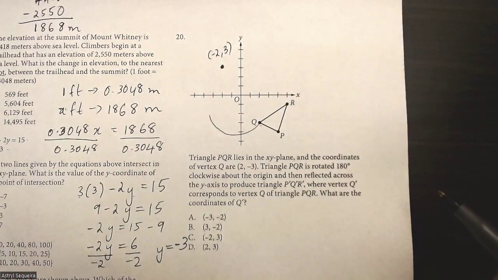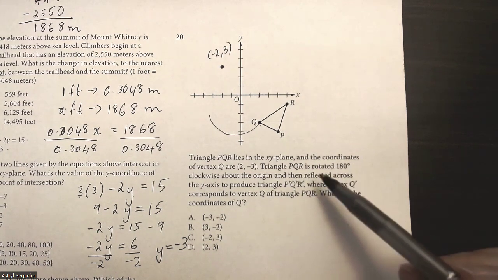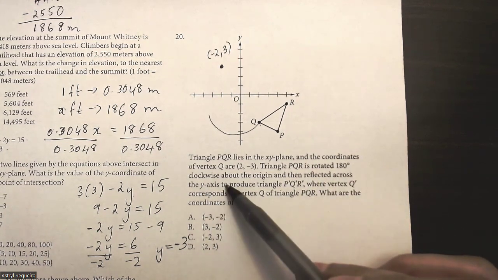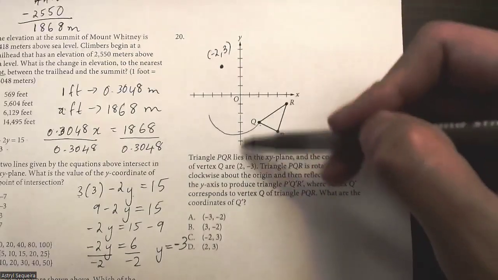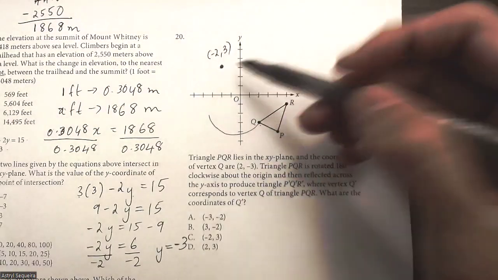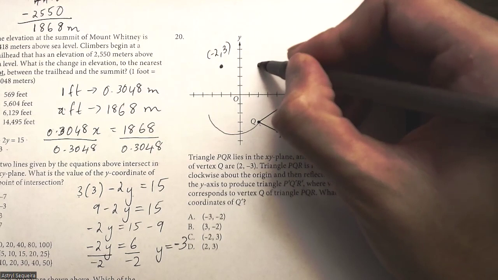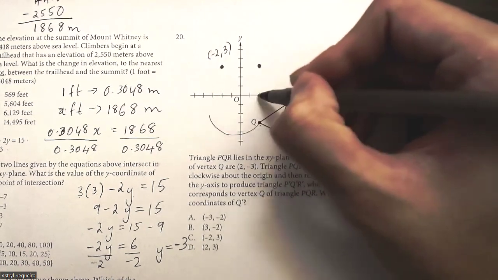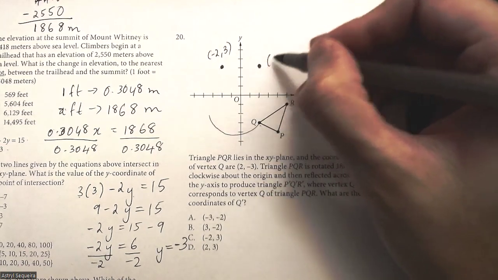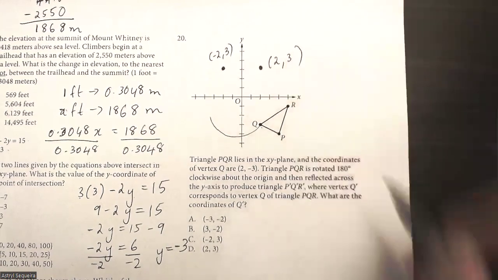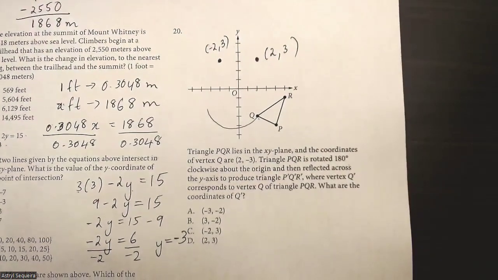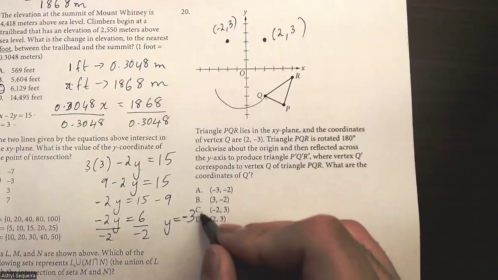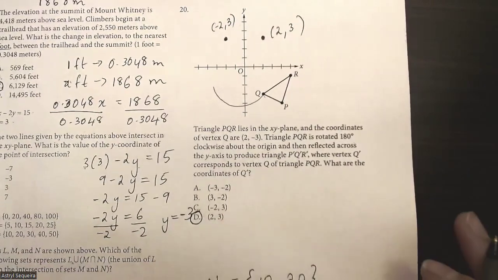If I rotate it 180 degrees clockwise or counterclockwise, doesn't matter. And then it's reflected across the y-axis. So this is the y-axis right here. If I reflect this across the y-axis, it's going to come over here, which is now positive 2 and positive 3, which is basically part D.